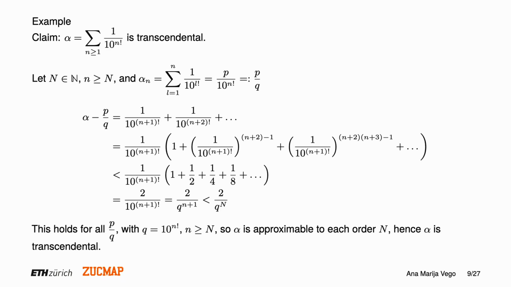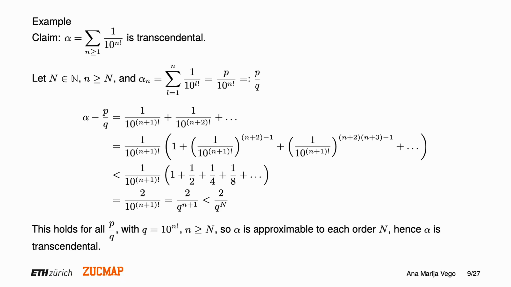And if we sum up the geometric sum in the end, what we end up with is that this is smaller than 2 over 10 to the power of (n plus 1) factorial, and that tells us that this difference alpha minus p over q is smaller than 2 over q to the power of n. And that's exactly what we wanted, because n was arbitrary, chosen at the start.